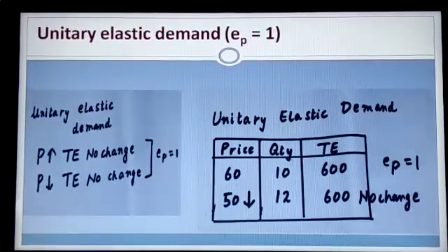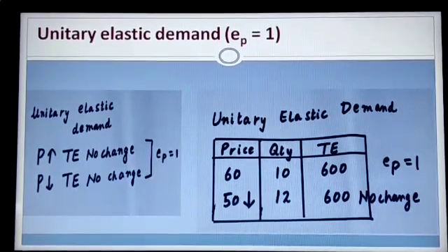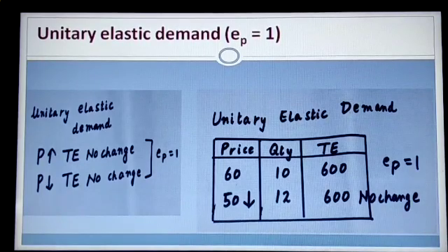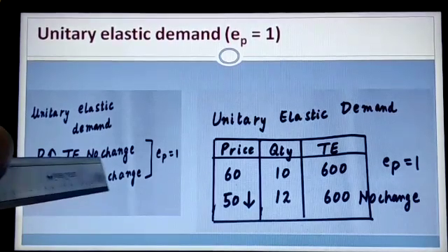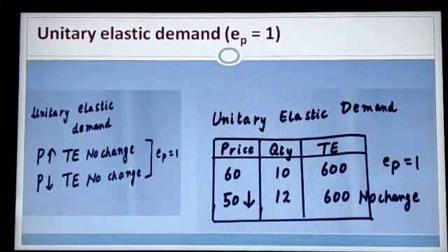We move on to the next one, unitary elastic demand, or EP is equal to 1. The change in quantity and the change in price is the same. Now what is the condition for EP equal to 1? When the price rises or falls, there is no change in total expenditure.